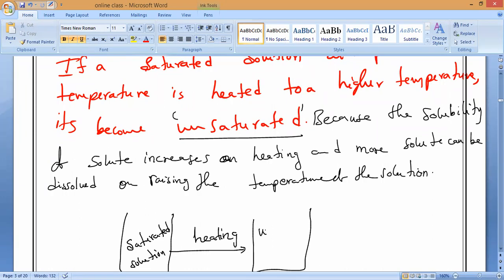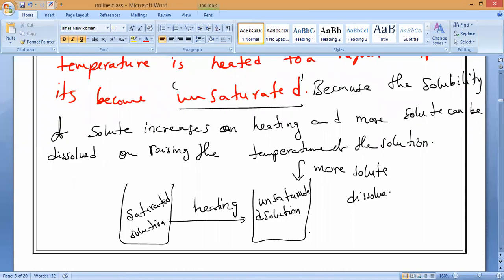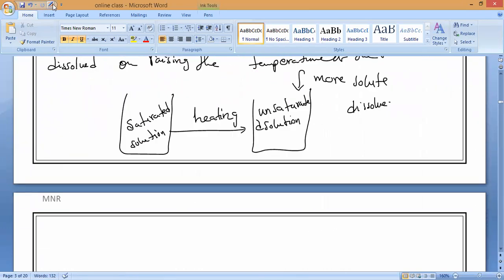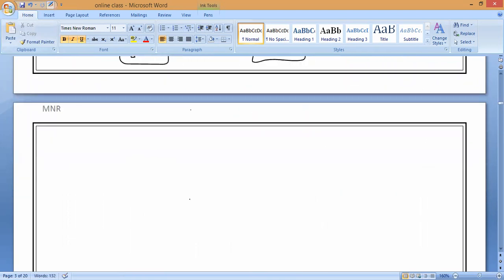So it will turn into what? Unsaturated solution, so that more solute can dissolve. Is it okay?